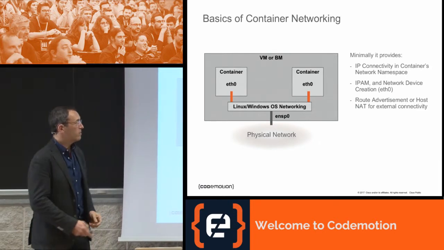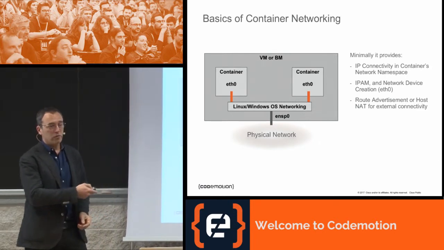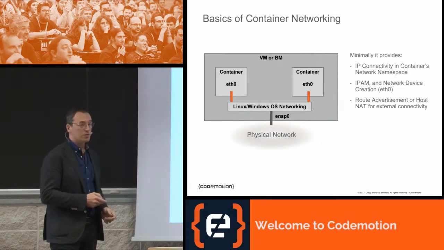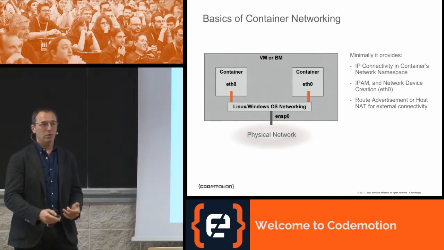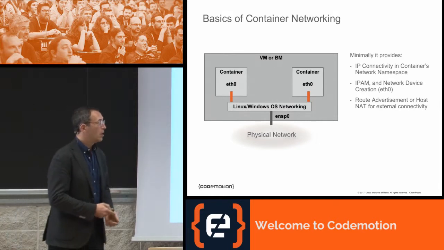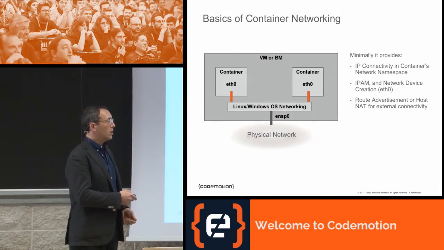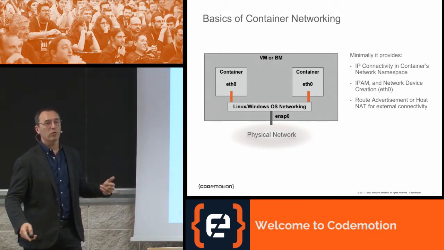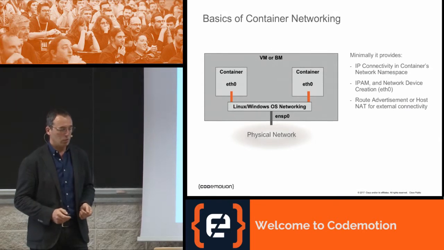The most important services, the basic ones, are, of course, IP connectivity, the management of IP addresses, so having a pool of IP addresses and subnets to be used for containers, and, of course, the network address translation or any other kind of communication with the external world.